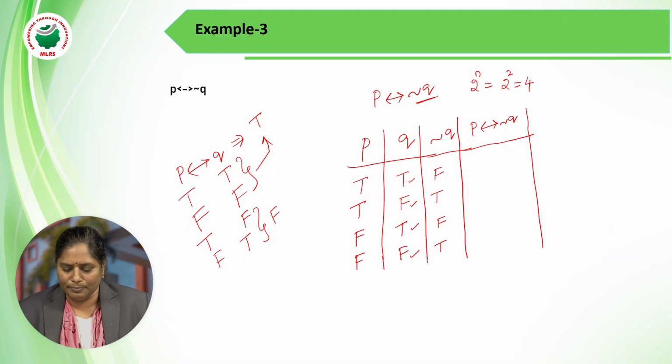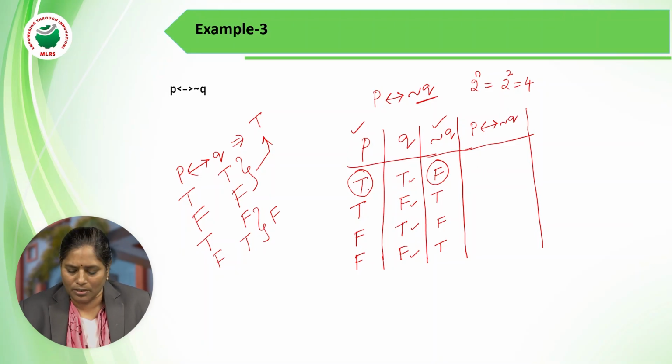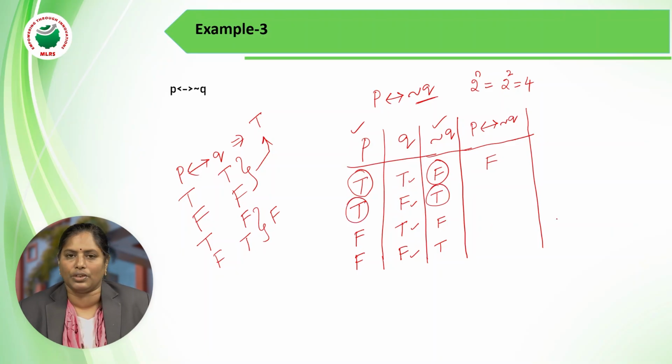So, here I am applying implication on the first column and third column. First value: P is true, negation Q is false. Applying implication on these two statements, true, false gives false. Again, P is true, negation Q is true.